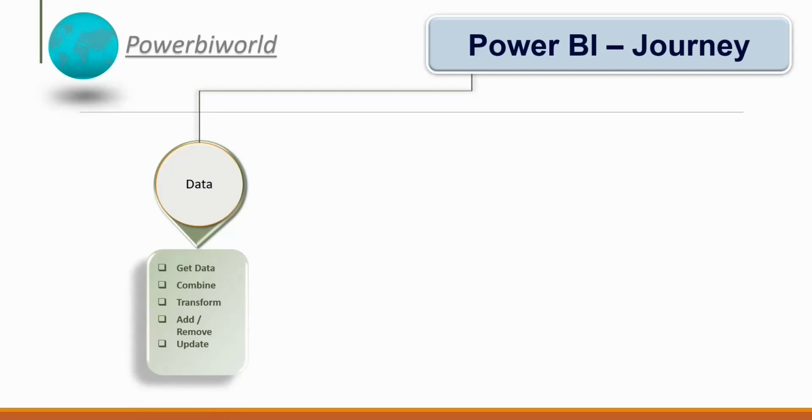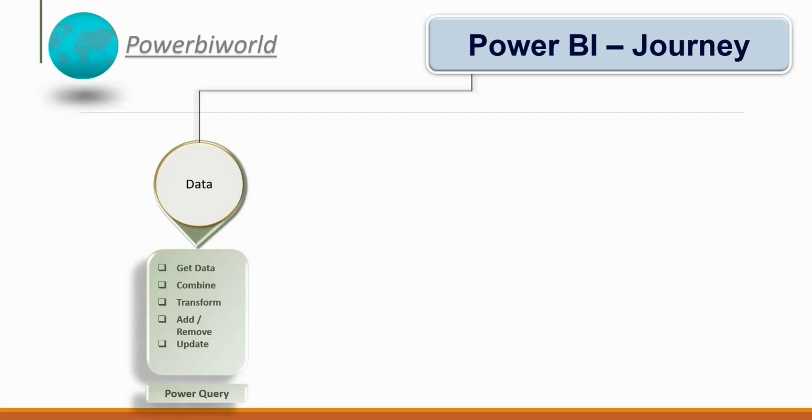This part of data, while uploading or working with data in Power BI, is called Power Query. We have a Power Query option wherein you can transform the data the way you want. This is why we call this step the Power Query step.